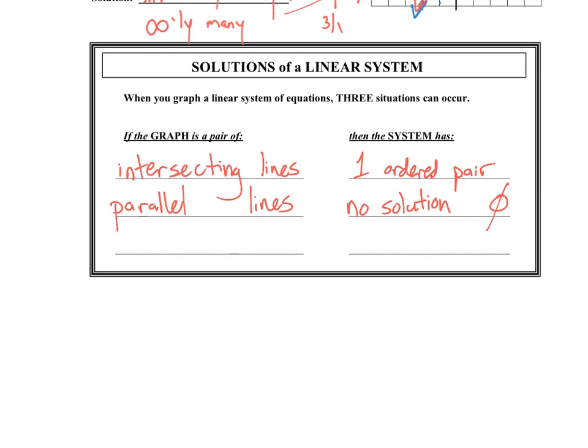And then lastly, they can either cross once, they can never cross, or they can cross all the time. That would be the same line, or some call this coinciding lines. So same line or coinciding lines means there are infinitely many solutions.